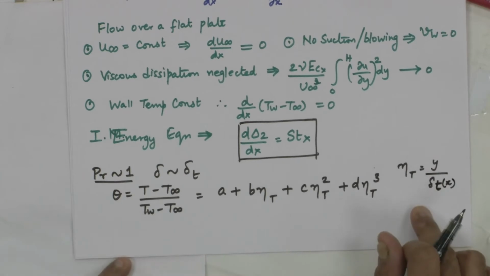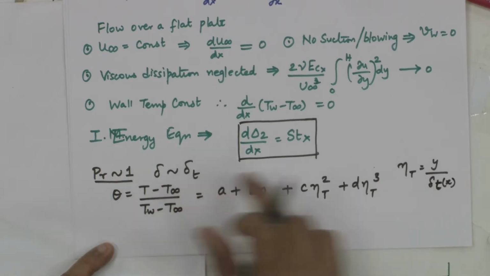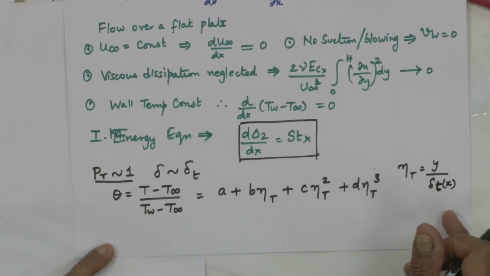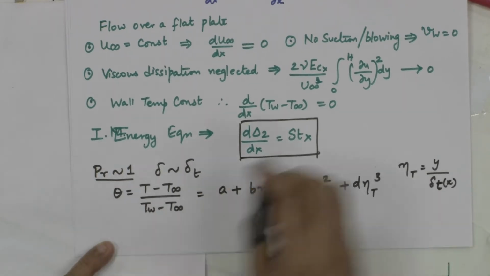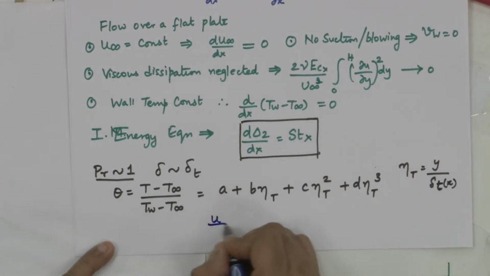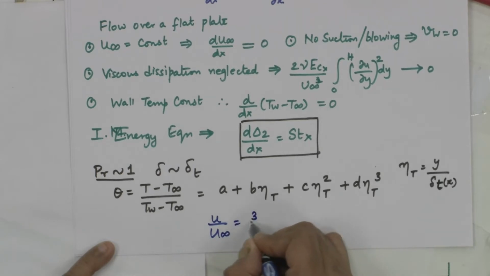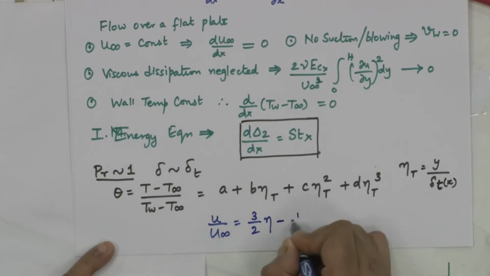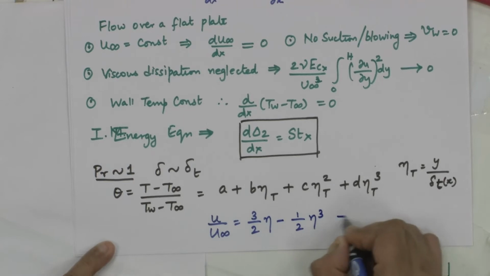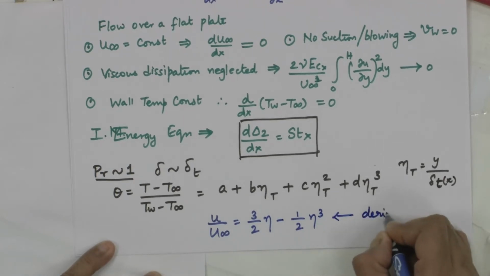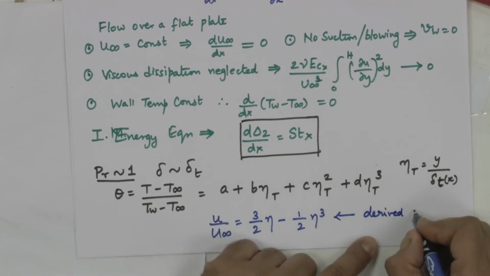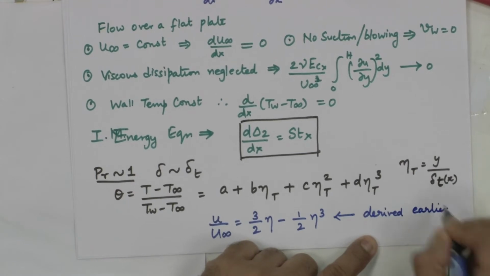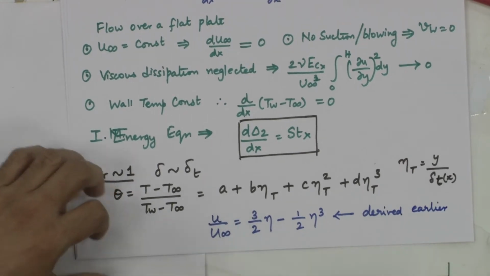In this case, delta t and delta are almost the same, so it can be y over delta as we did in the previous definition. Remember, we had this solution u over u infinity is 3 by 2 eta minus half eta cube. This was derived in a module, I think 2 modules ago. So, we will do something similar.